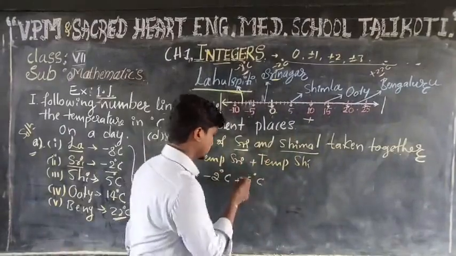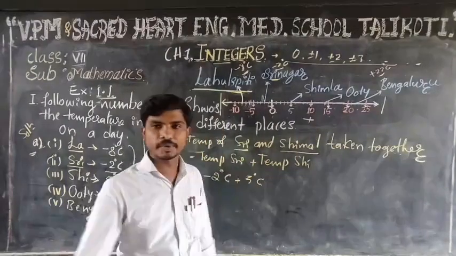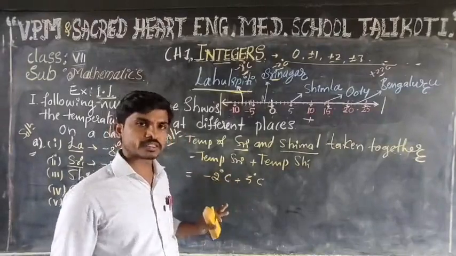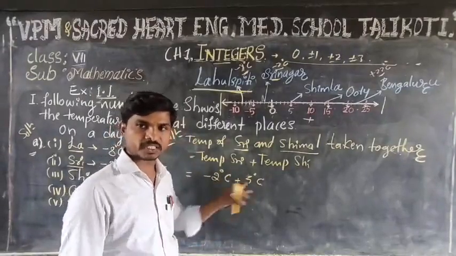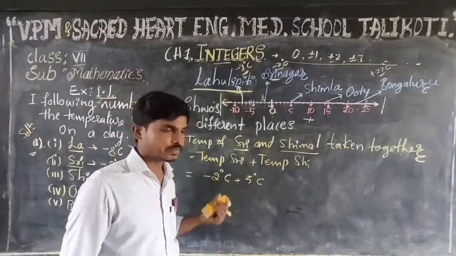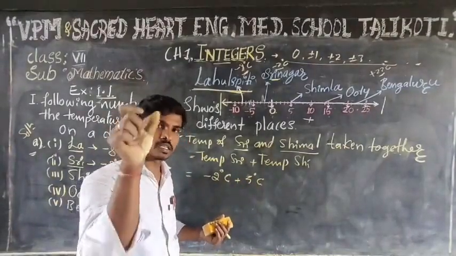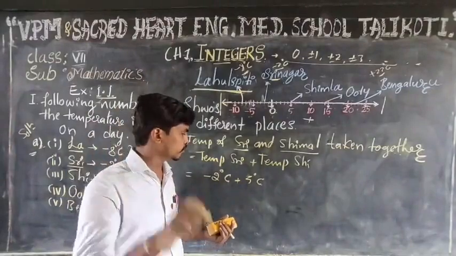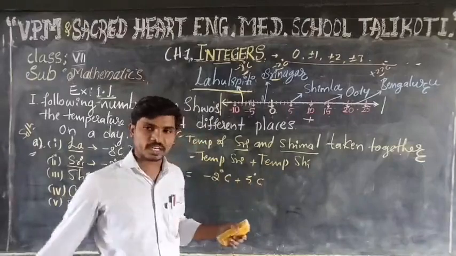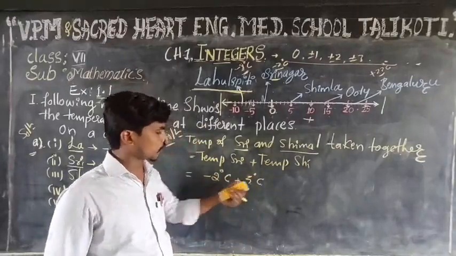Now coming to the rhyme, I will just remember the rhyme. If both signs are different, what you want to do? Just we go for subtraction, and you must write the result symbol as the bigger number's symbol. Subtract 2 from 5.